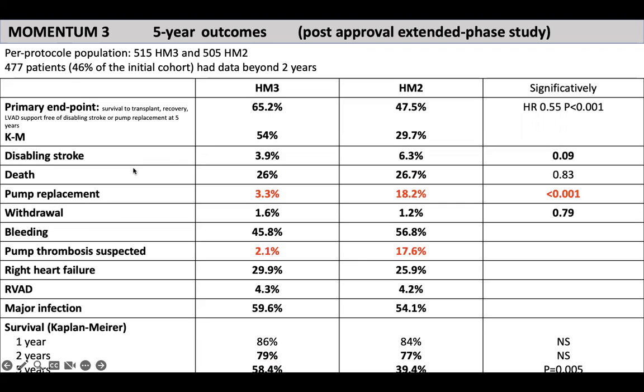You have a couple of other adverse events or complications, and it's interesting for you because you're going to have a rough idea of the rates of adverse events in this population. The 5 year survival is 58% in the HeartMate-3 group and 39% in the HeartMate-2, which is significant, and which was not in the previous report. So I think this is probably the most important result here.